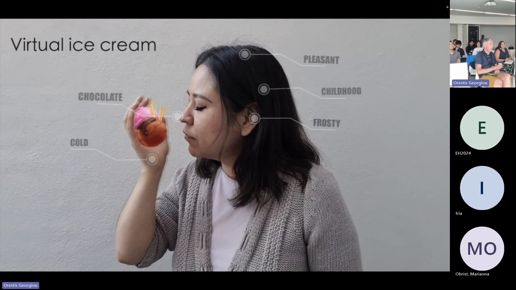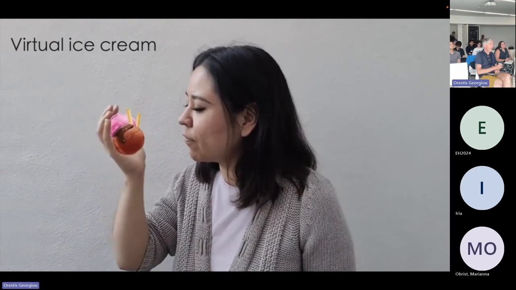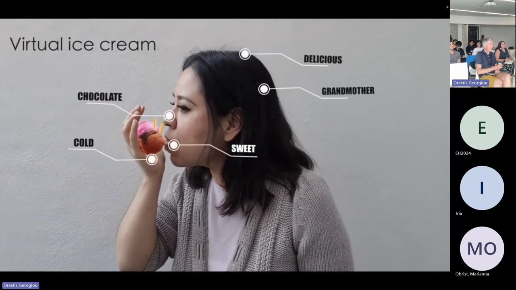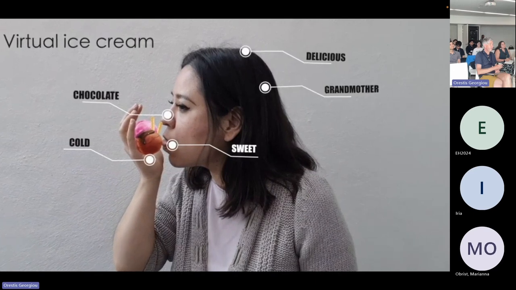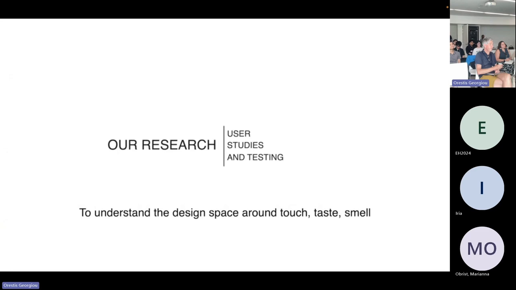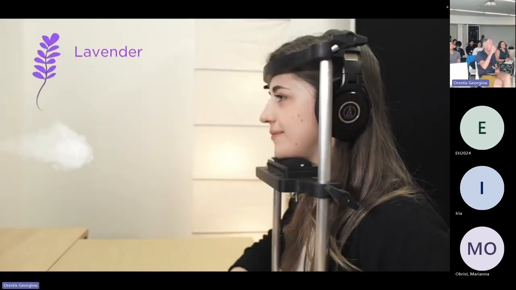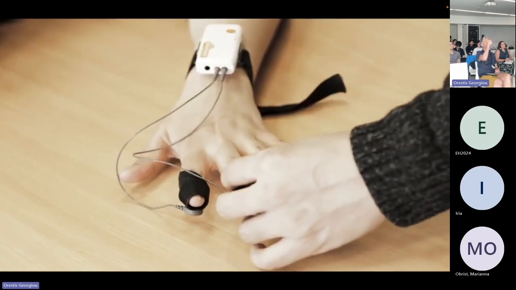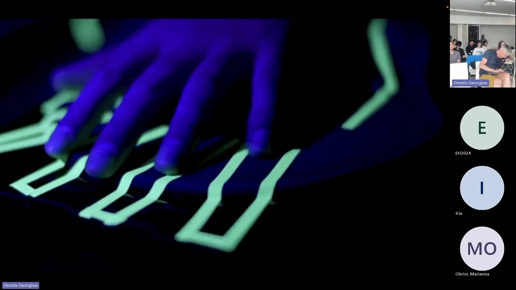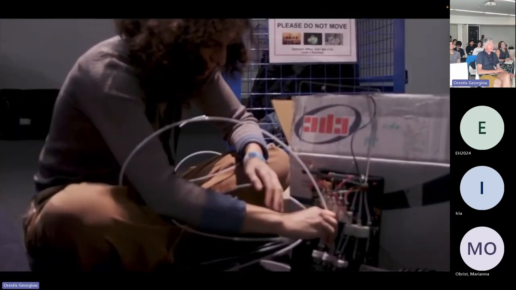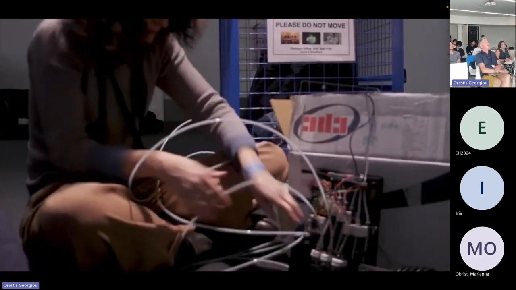So in the future, I can actually smell, and I cannot just use my imagination, and maybe I can even taste it. The smell is a black pepper, essential oil.